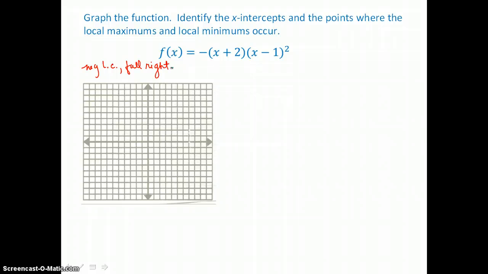And because the degree is third degree, if I multiplied these binomials out and distributed, I'd end up with a leading term of the third degree. So the function is of the third degree, and that tells me that the curve is going to have opposite end behavior left and right.